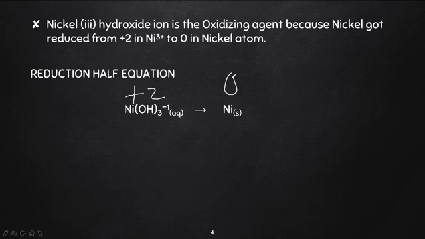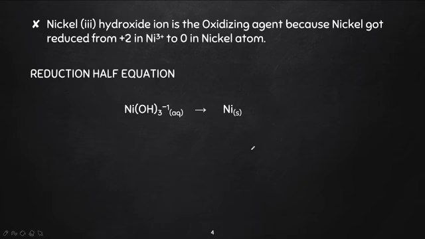So in the nickel atom, nickel has an oxidation number of 0. From +2 to 0 is a decrease in oxidation number, and that is reduction. Hence, nickel hydroxide is the oxidizing agent, because it got reduced in that case.